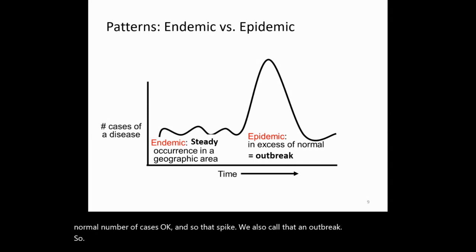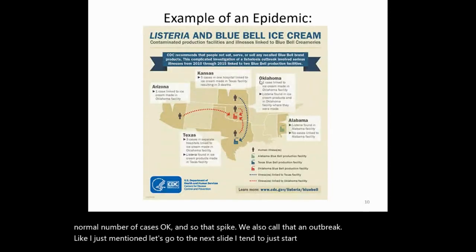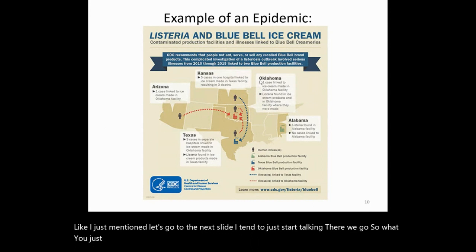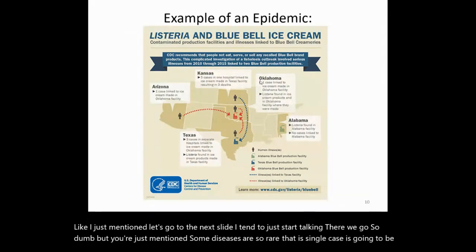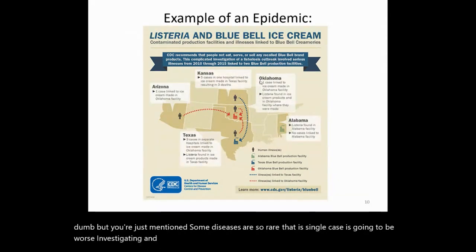Like I just mentioned, let's go to the next slide. I tend to just start talking, there we go. So like I just mentioned, some diseases are so rare that a single case is going to be worth investigating. And this is what happened with the Listeria outbreak that happened a few years back.